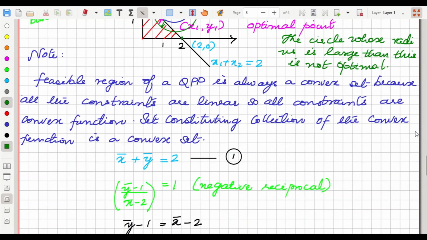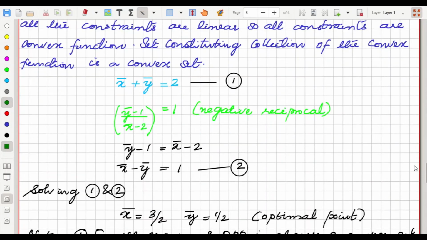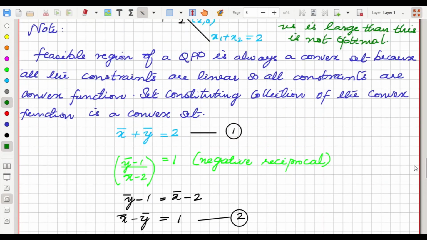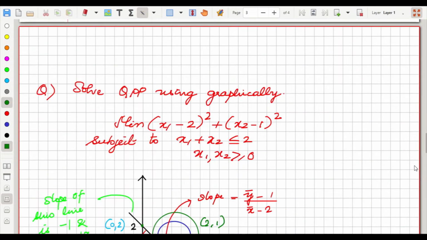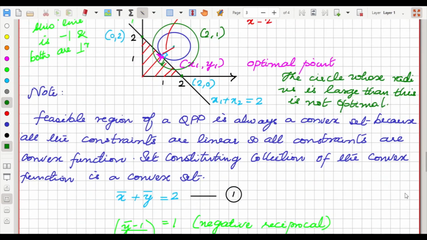So the feasible region of QPP is always a convex set because all the constraints are linear, so all constraints are convex functions. A set constituting a collection of convex functions is a convex set. So we are having the equation x bar plus y bar equal to 2.